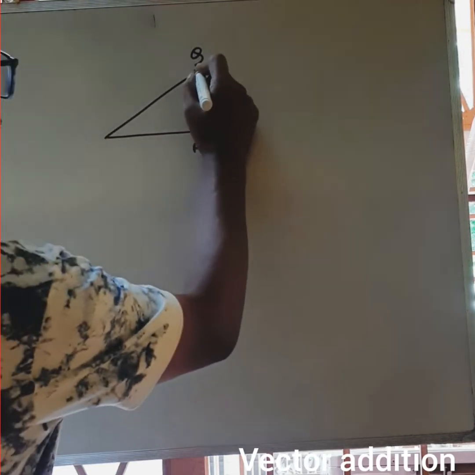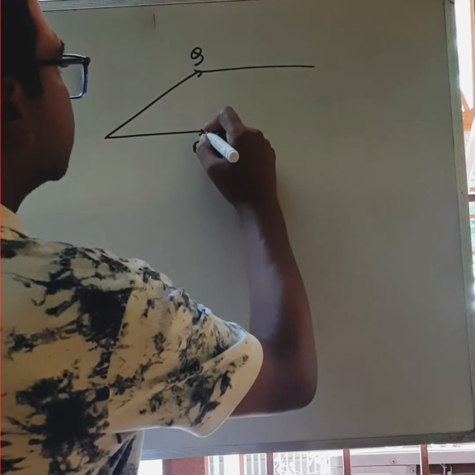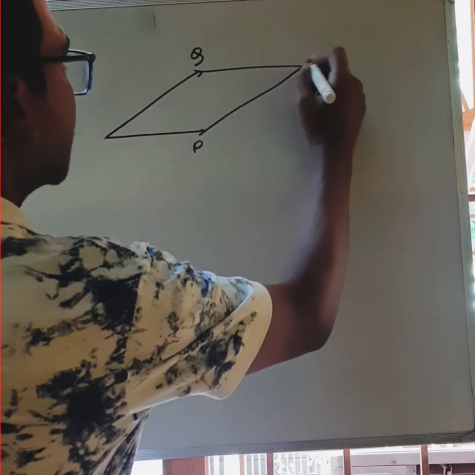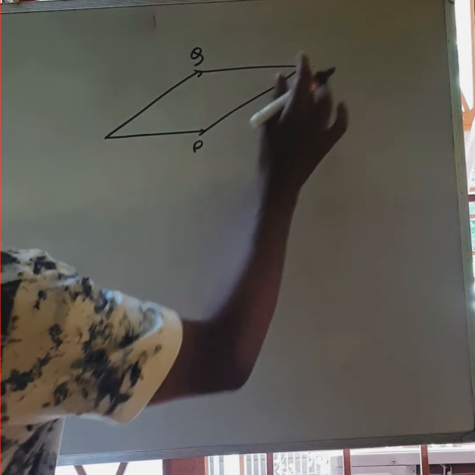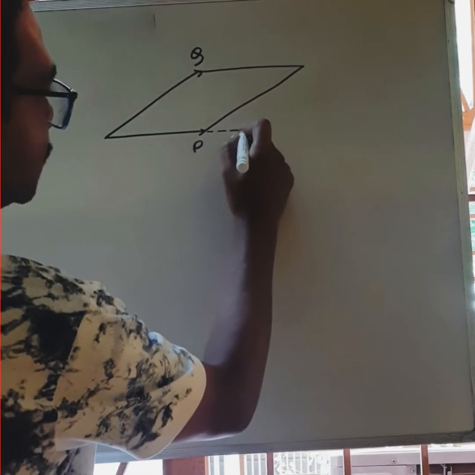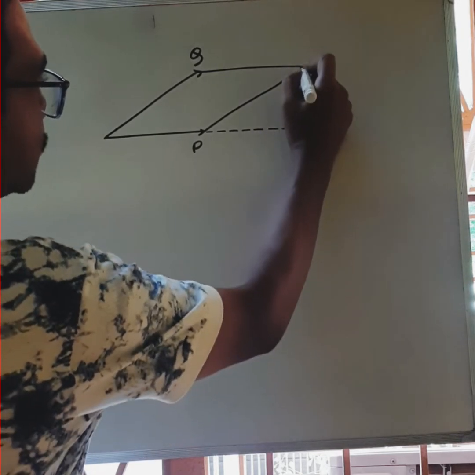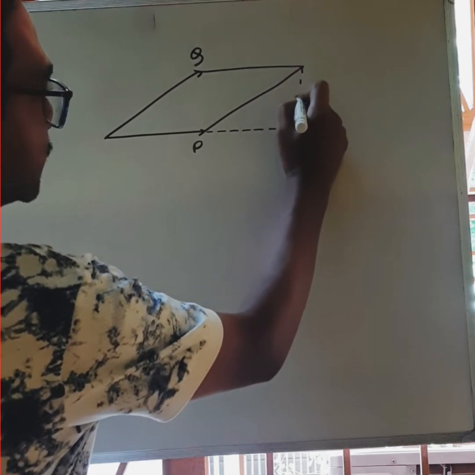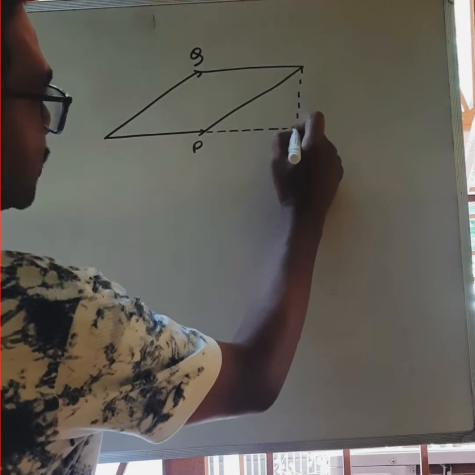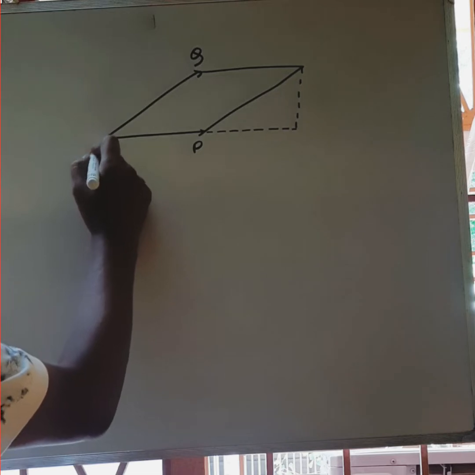So, we should have this, which is called the parallelogram law of vector addition we are discussing about. With the help of parallelogram law, we will be able to find the addition of two vector quantities. What does parallelogram law state?